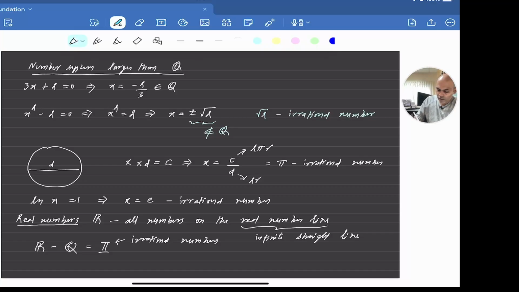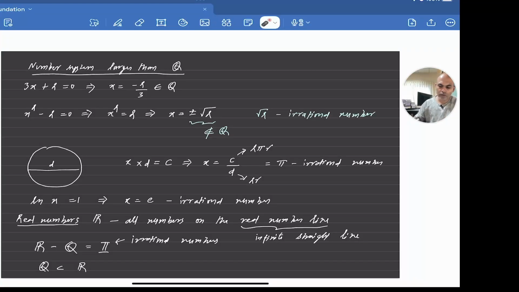From this we can also see that rational numbers form a subset of real numbers. So which is what we wanted to understand, that is there a number system that is larger than Q, and we have found out that there is such a number system, real numbers. The set of rational numbers form a subset of real numbers.